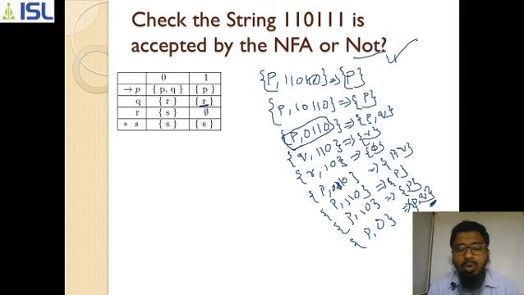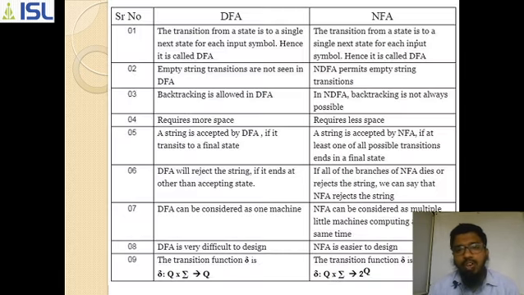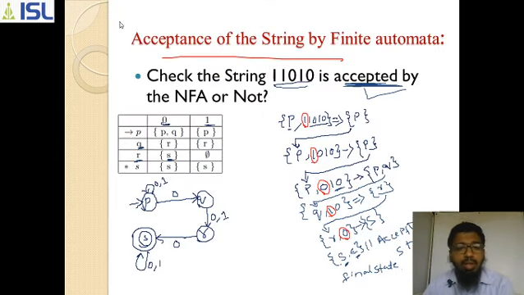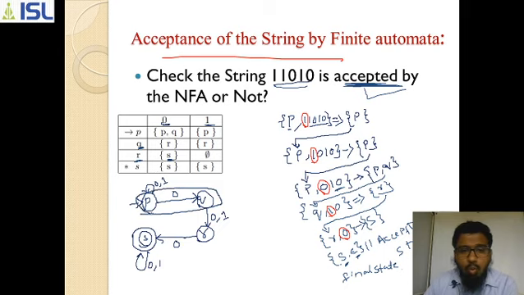Now the next one is the difference between NFA and DFA. This is very, very important. In a DFA, the transition from a state is to a single next state for each input symbol, hence it is called a DFA. What does it mean? In the graph, in DFA we get only one input at a time going to the right side.